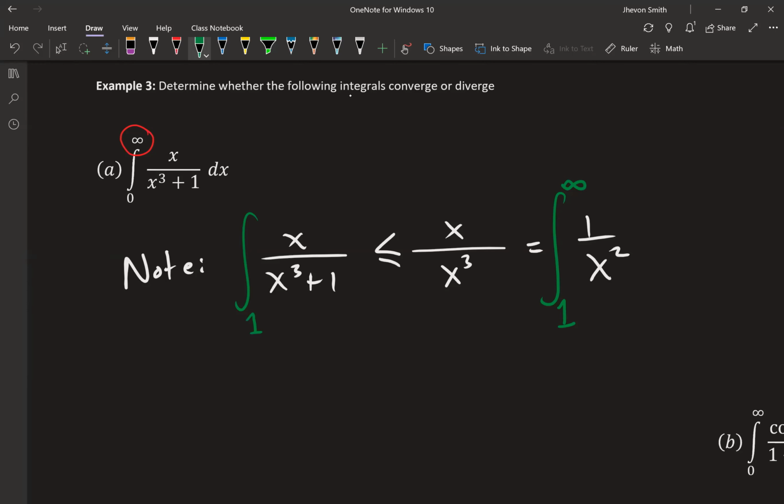I can talk about this one, but knowing that I can only talk about the bounds from 1 to infinity, how do I make a conclusion about the bounds from 0 to infinity? Ideas?